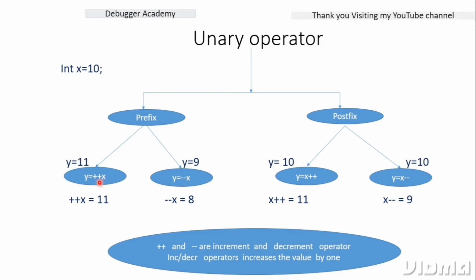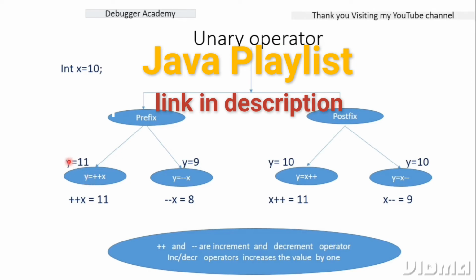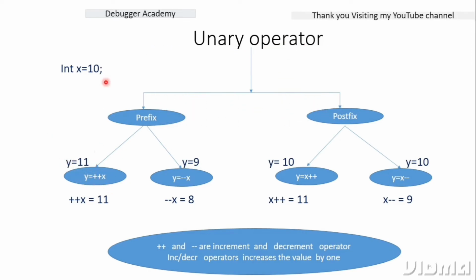Why? Because first comes plus plus, then after that the x. It means first we increase the existing value of the variable and then we use the value. Say for example x equals 10. What is the output for the expression y equals plus plus x? The value of y becomes 11. Why? Because we are just increasing the value of the existing variable by 1.